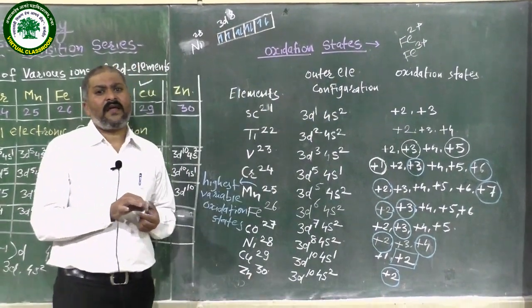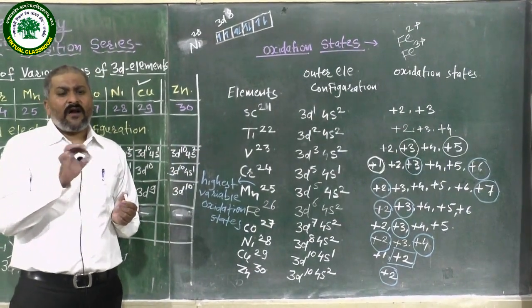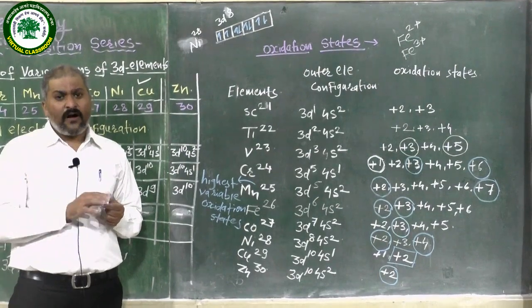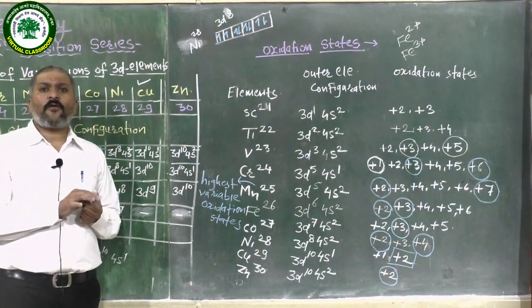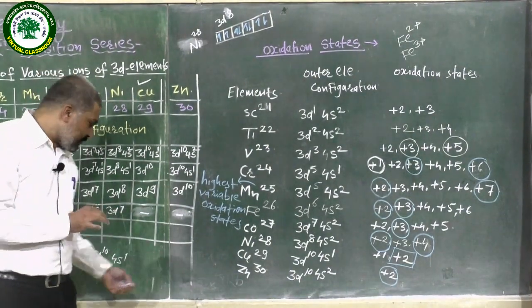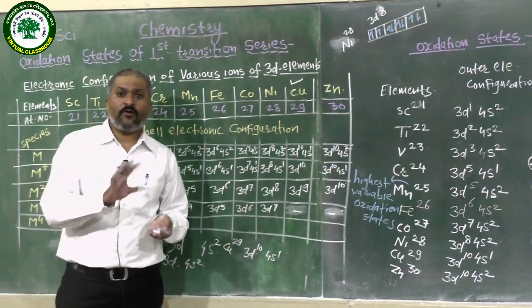In d block elements or transition metal elements, the electrons taking part in the bonding are from the n minus 1 d subshell and the 4s subshell, from both subshells.